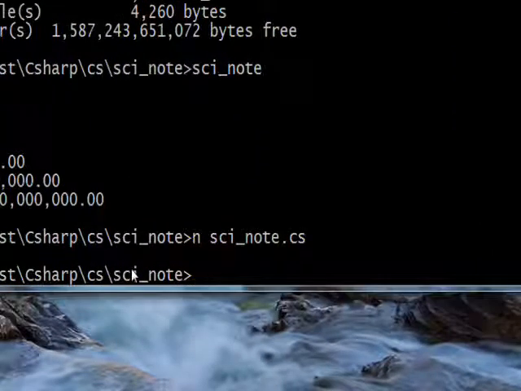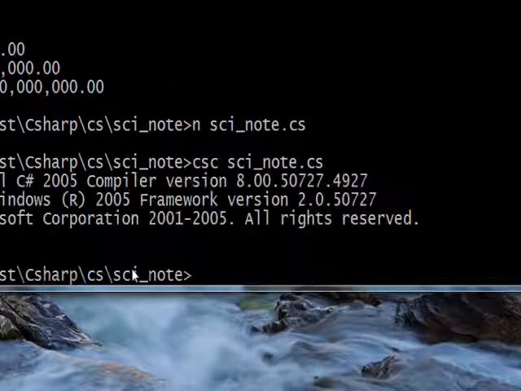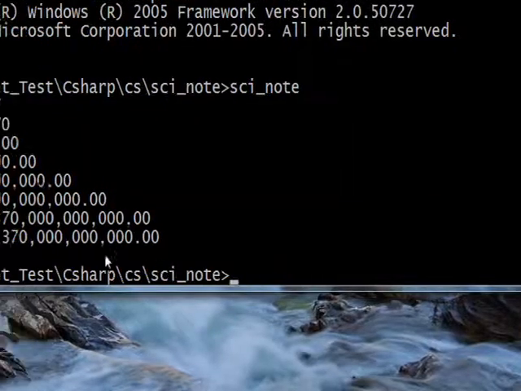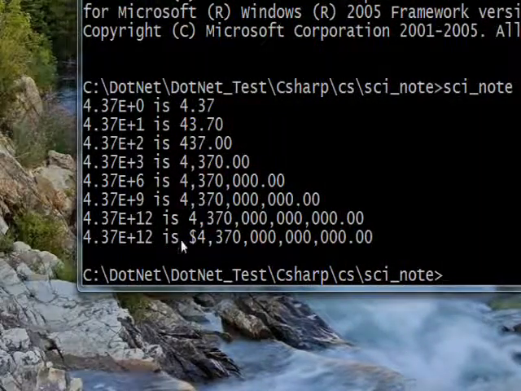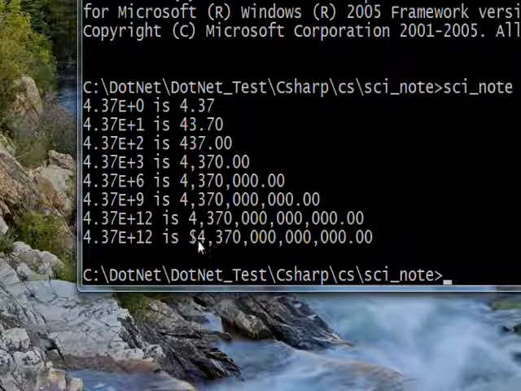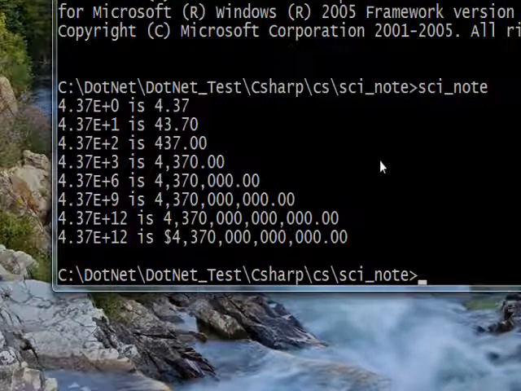And then if I press the down arrow to bring up previous commands, I'll get to where I did a compile of this. Press enter, and then go down to where I ran it and press enter. You see the :C format gives us currency. So this is $4,370,000,000. The exact amount I hope to make next year.